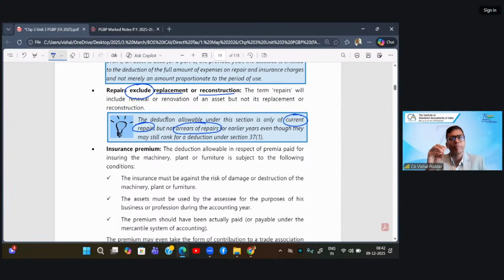Now, interestingly, section 30 and 31, both which allow repairs to the owner, they allow only current repairs deduction to the owner. But if it is an accumulated repair, and most important, if it is not a capital repair, it will be allowed to the owner, but not under section 30 and 31, but you can still claim it under 37(1).